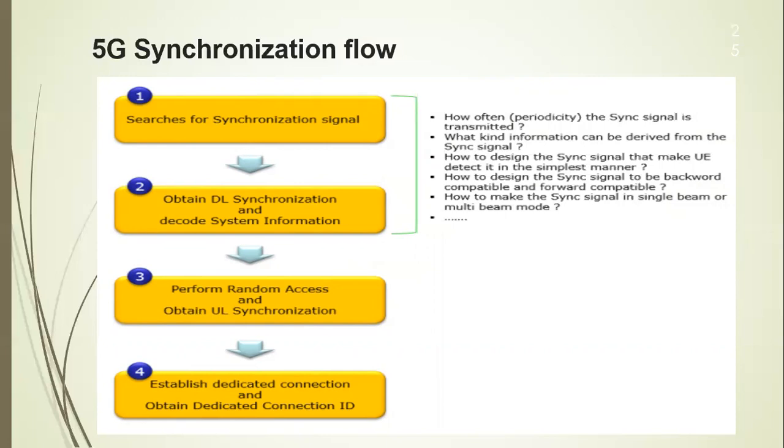Then it will read the PBCH, the physical broadcast channel information, like the master information block, system information block 1, and other system information blocks depending on availability. After attaining downlink synchronization, if the device has any data, either a signaling message or application data, to be sent to the network, the device will initiate a random access channel procedure to attain uplink synchronization.